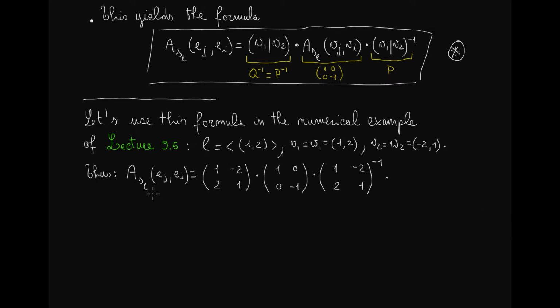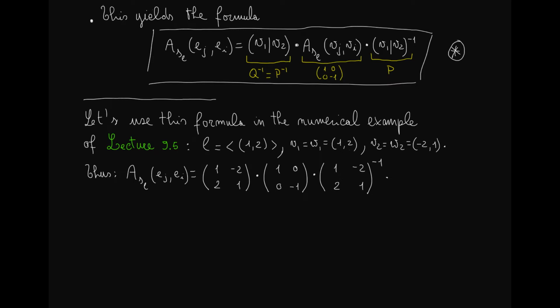Therefore, we have that the associated matrix with respect to the canonical basis of the domain and the codomain is this matrix here, just plugging in the values that we have for the matrices appearing in this formula.